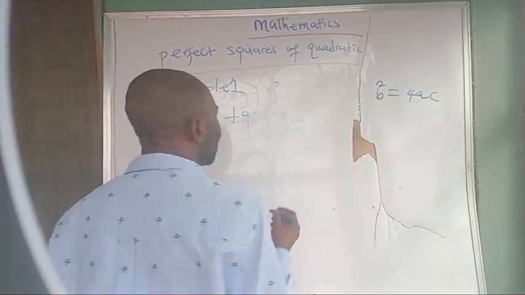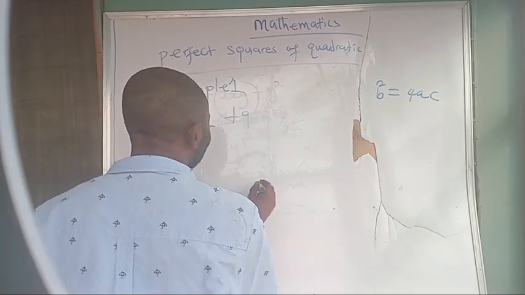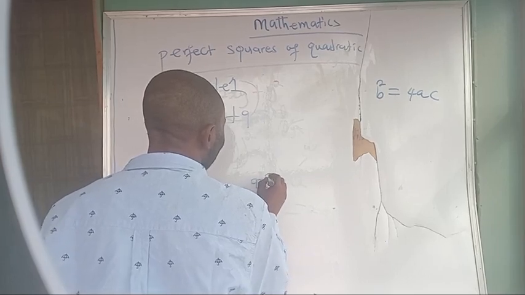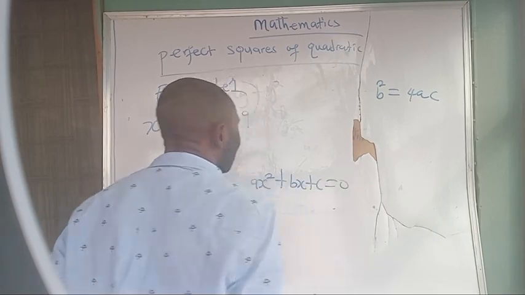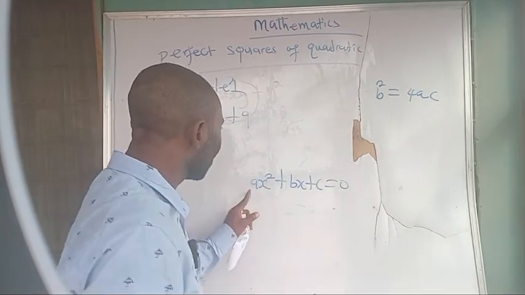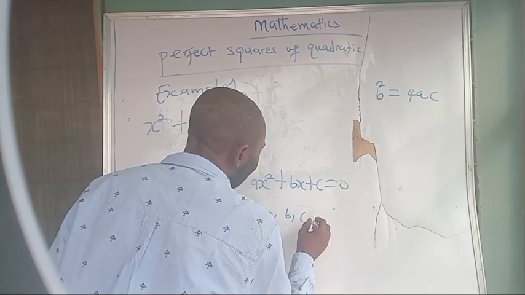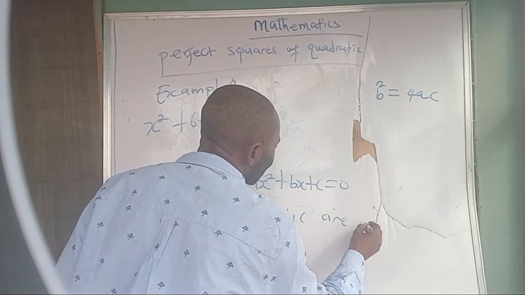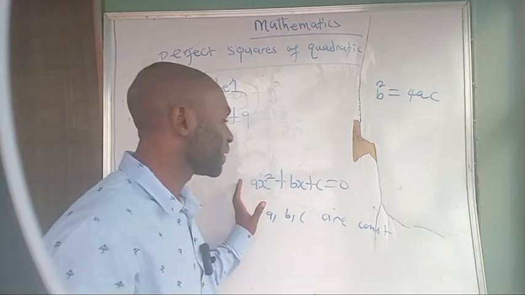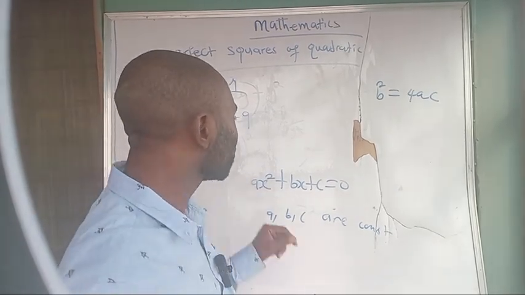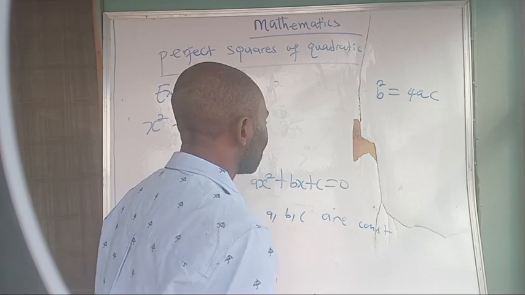you should have, this is a format of writing a quadratic equation: ax squared plus bx plus c is equal to 0. a, b, c are constants and they are called the coefficients. So in a quadratic equation, a cannot be 0, but b and c can be 0.